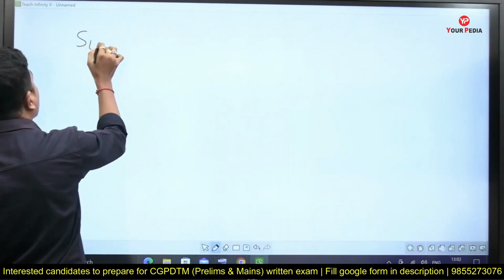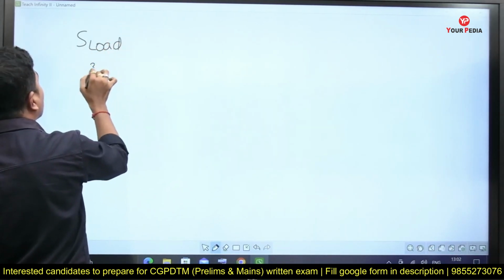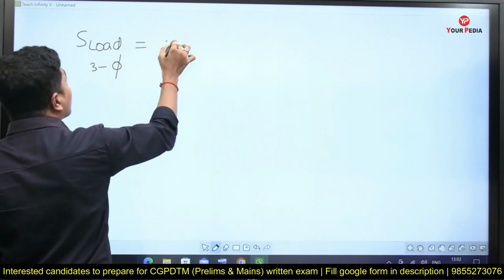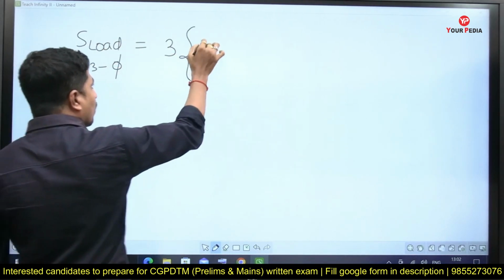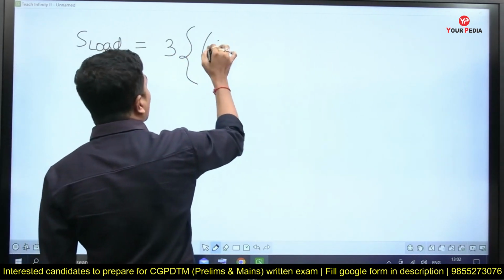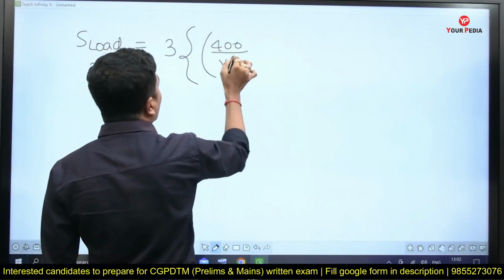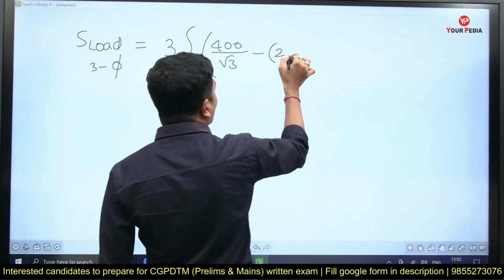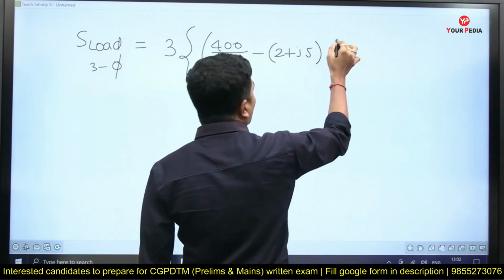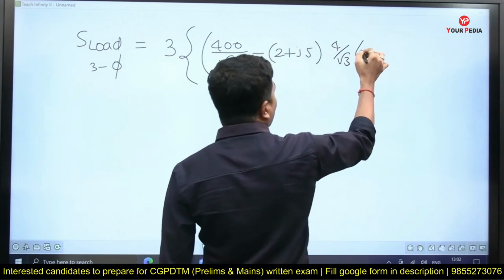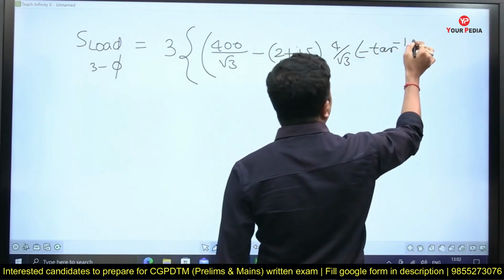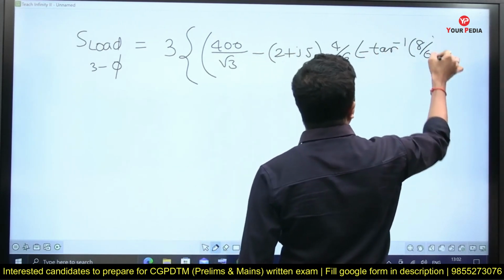S load of 3 phase is equal to 3 times V into I conjugate, as I told you. What is V? 400 by root 3 minus (2 plus j5) into 4 by root 3 at an angle of minus tan inverse of 8 by 6.